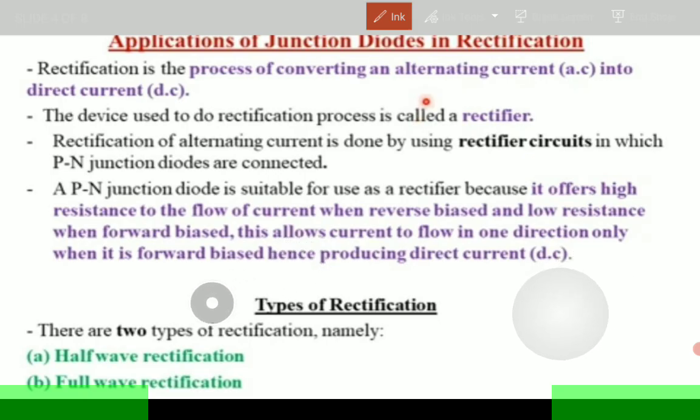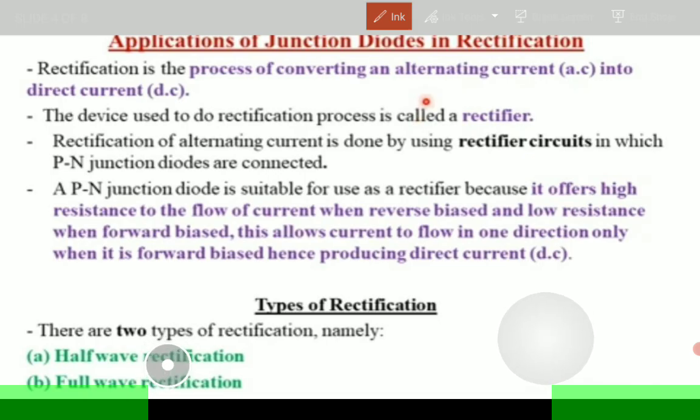All right, so there are two types of rectification. We have half-wave rectification and full-wave rectification. We shall discuss both of them so that you are familiar with how to explain how each rectification process is done in an exam.